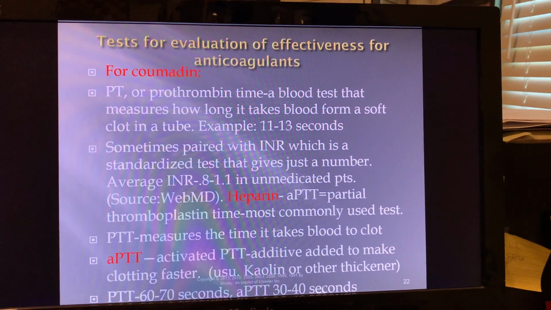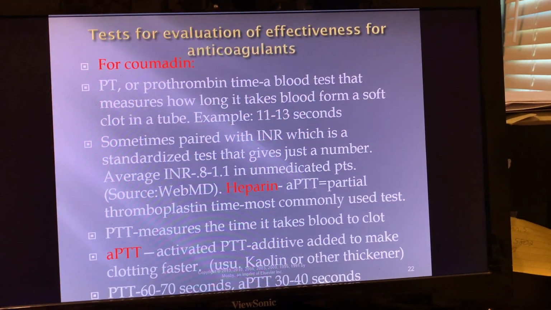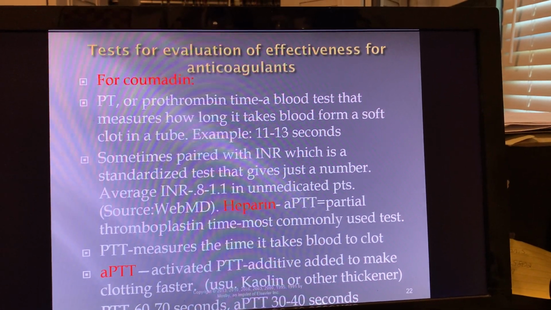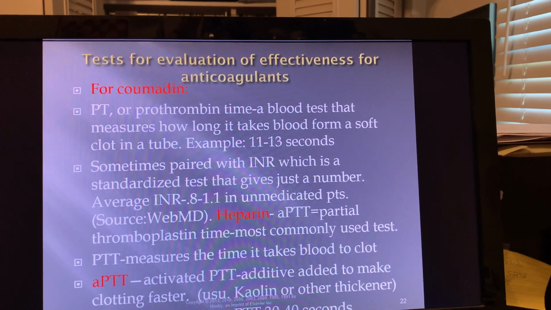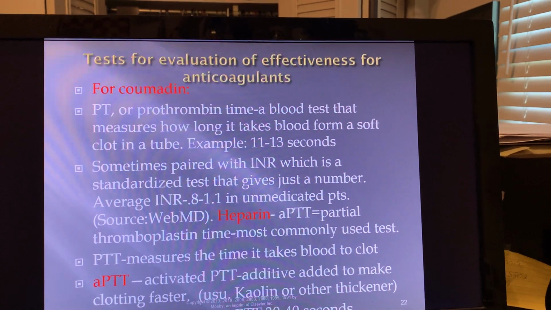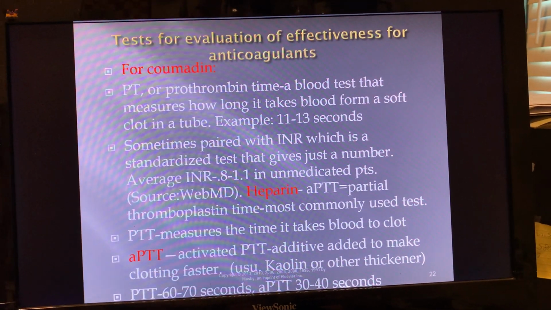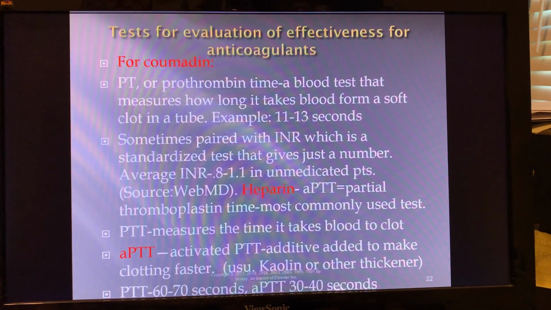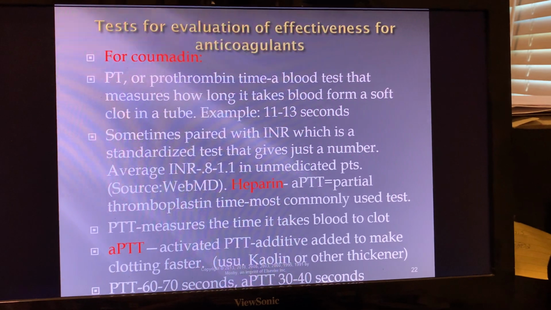And these measurements are all from WebMD, but of course things are going to vary a little bit when you are in various labs. So WebMD says that the PT begins to form a soft clot in an untreated tube in about 11 to 13 seconds. So, 12 seconds is right in between there, and that's a nice even number. So if it were just the PT, that would be easy enough, but we usually pair the PT with the INR.